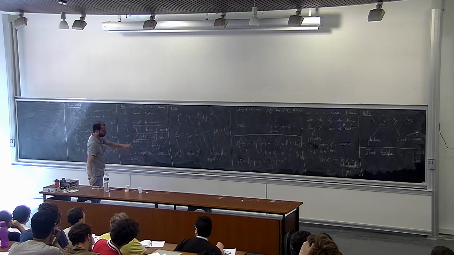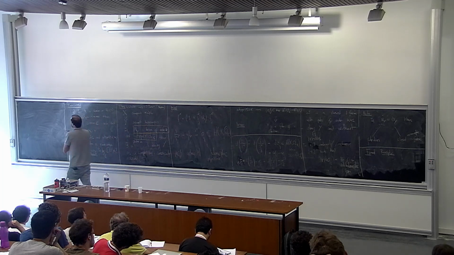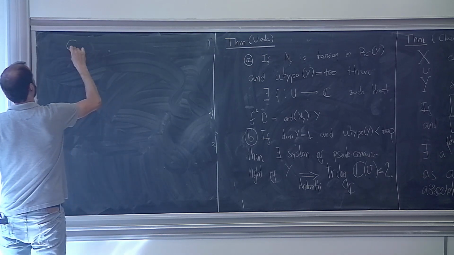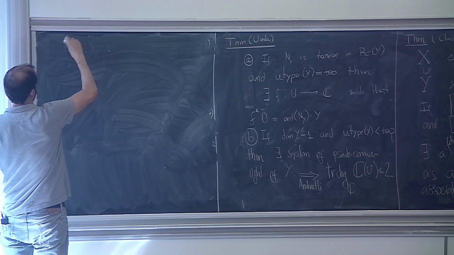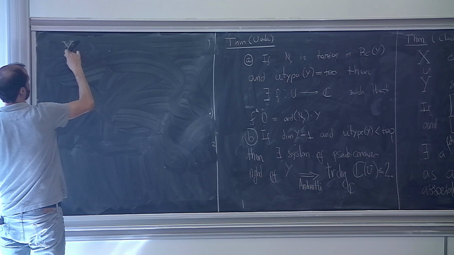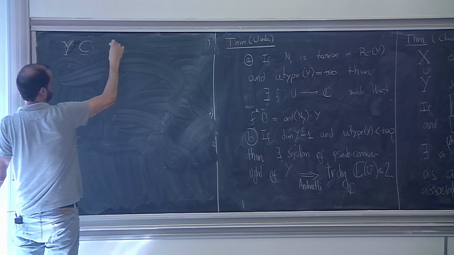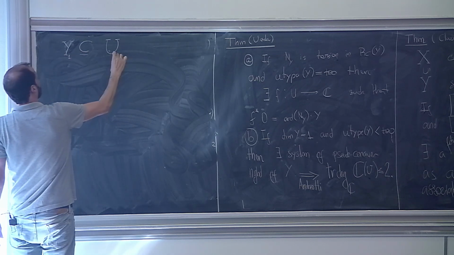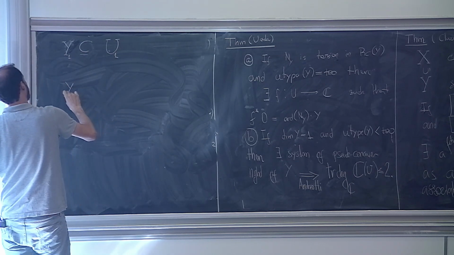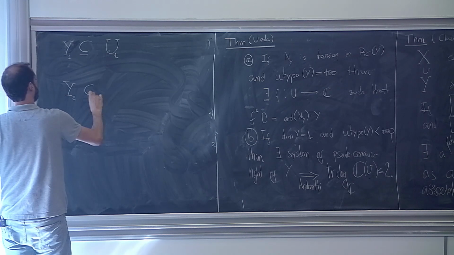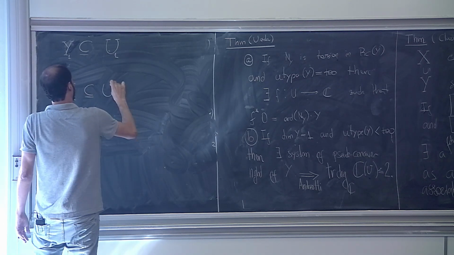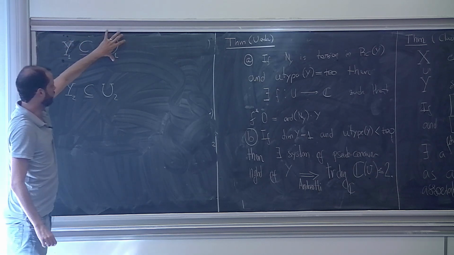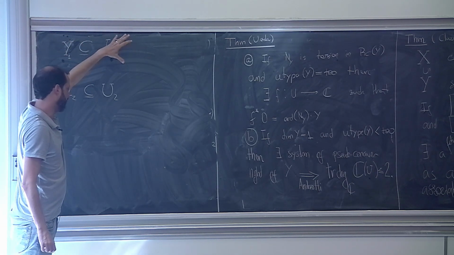So let's try to formulate it, to look at it in the simplest case. Suppose that I have a curve. Oh, let's keep the same notation. So Y, a hypersurface, or even a subvariety in a variety U. So let's assume that I have Y1 in U1, Y2 in U2. So this is a compact subvariety of a complex variety.